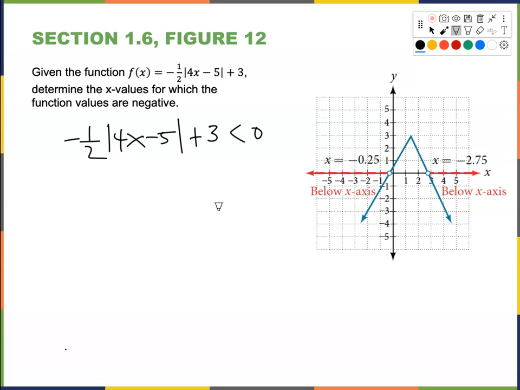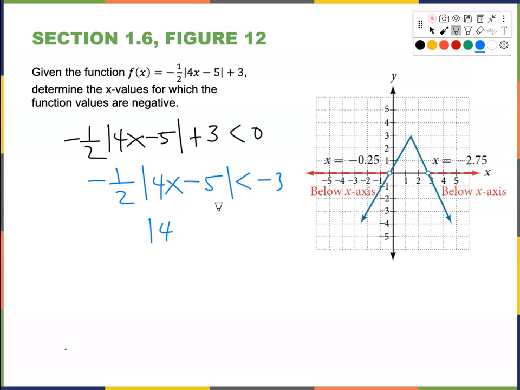Let's solve it. So first, subtract 3 both sides. Less than negative 3, and then you can multiply both sides by negative 2.